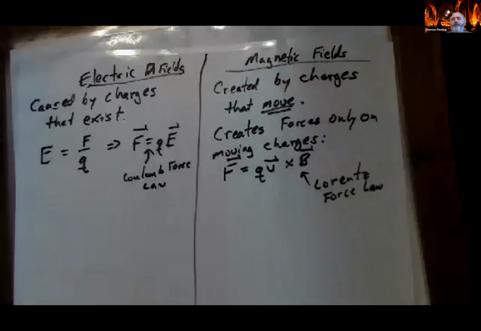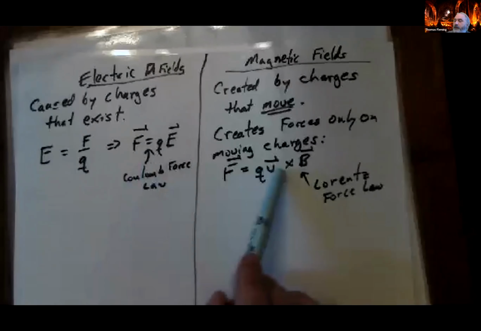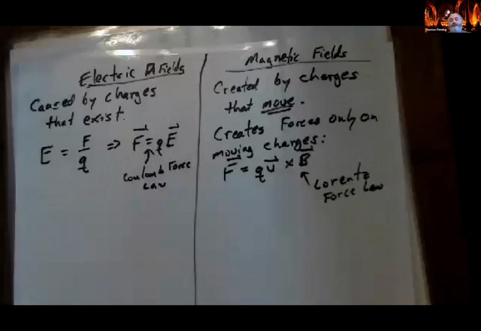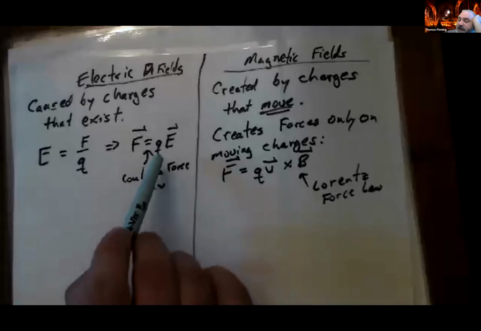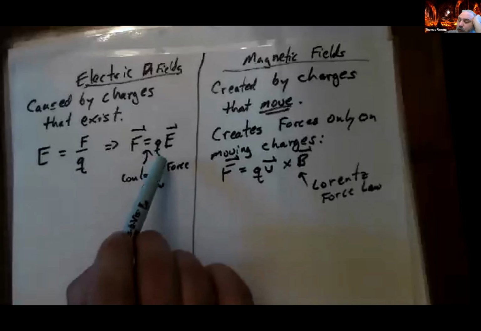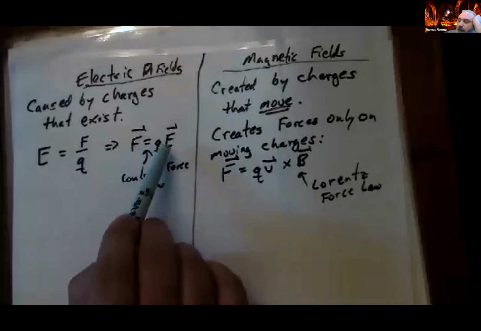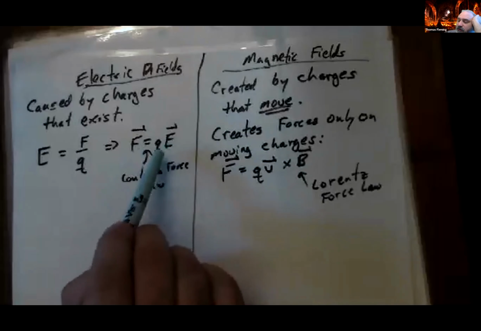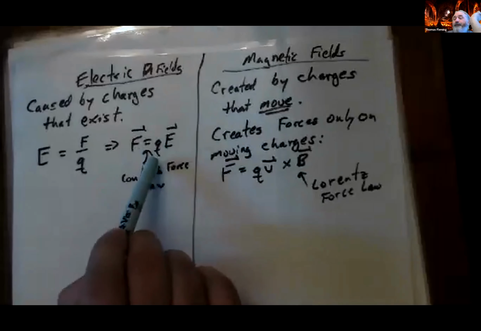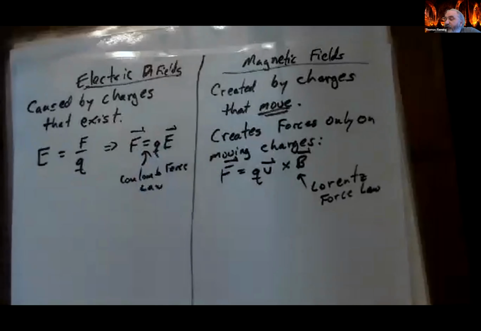So one of the things that's kind of tricky about magnetic fields has to do with the nature of these force laws. Back when we did electric fields, you'll notice the Coulomb force law says the force is going to equal whatever Q is times E. Now, Q is a scalar, just a number, but E is a vector.